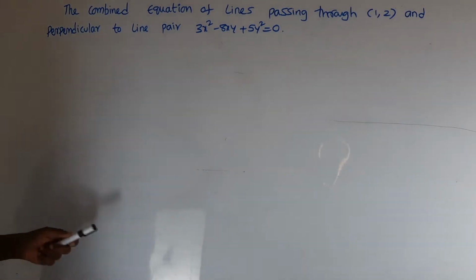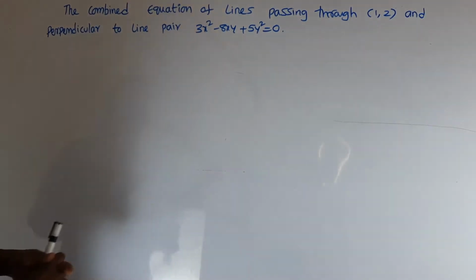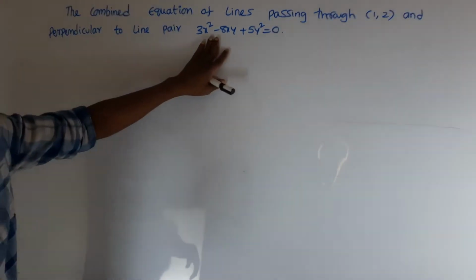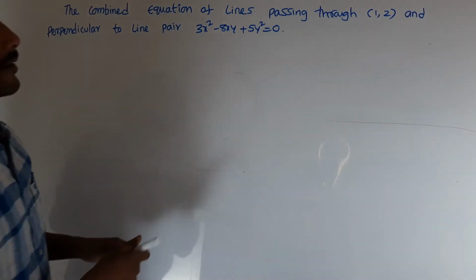The combined equation of lines passing through (1, 2) and perpendicular to the line pair 3x square minus 8xy plus 5y square equals 0.